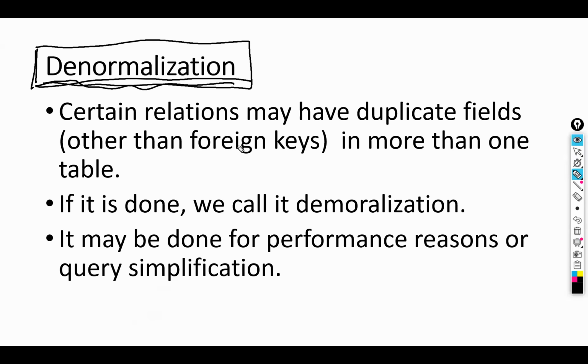So then we say it's called denormalization. Mainly we do denormalization for performance reasons because these joins can be very costly when your data table has thousands and thousands of records. Okay. So if you keep an unnormalized relation for a purpose, then we say it's denormalization.